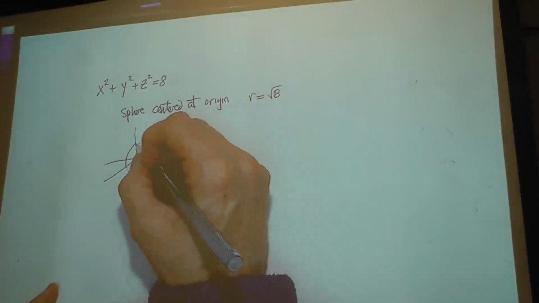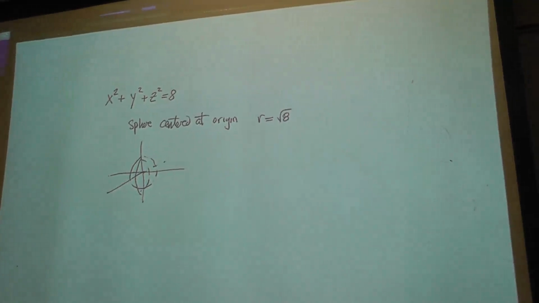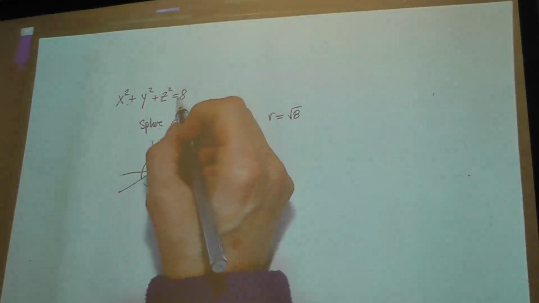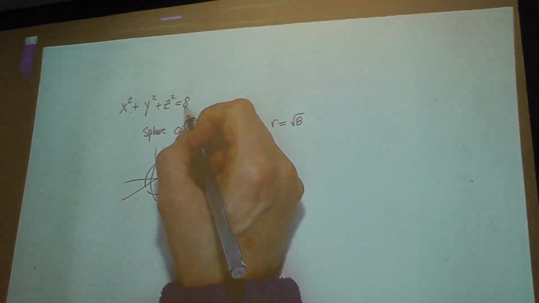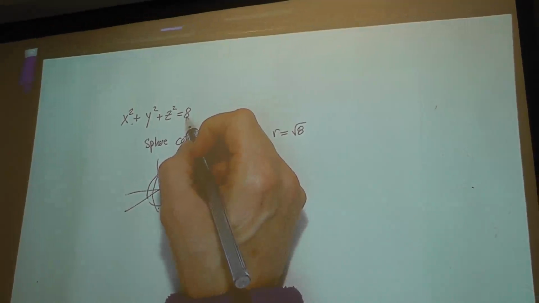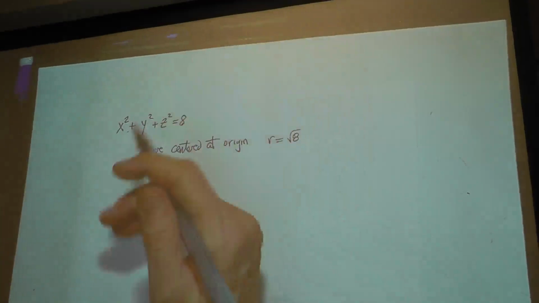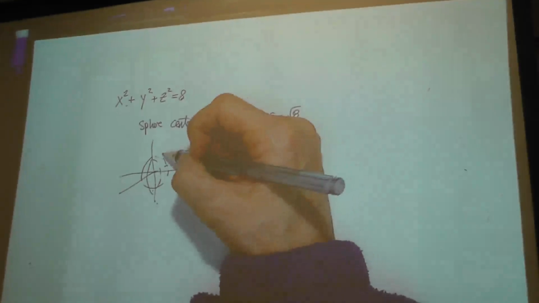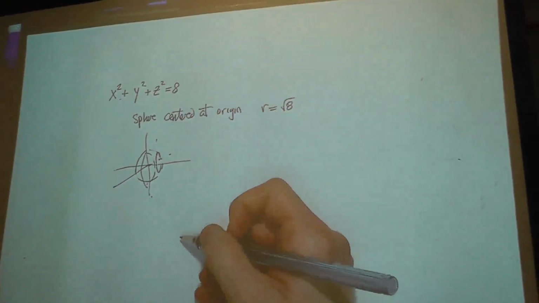The one thing I would definitely mention is start taking a look at what happens when you look at cross-sectional slices. You just get circles. If you cut it right down the middle, you'll see a circle, but even if you cut it like this, you will get a circle. It's a sphere.